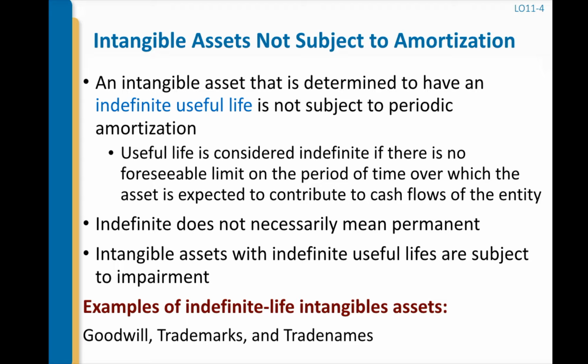Just because we say indefinite lives, that doesn't mean you're done looking at that asset forever. It just means that for now, you're not going to recognize any depreciation because you don't see any foreseeable loss in value in the future.